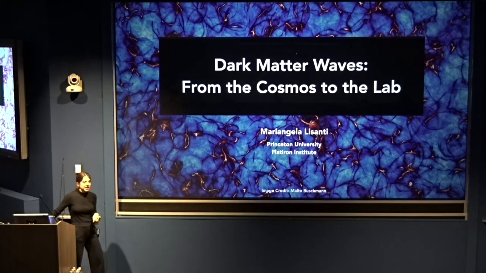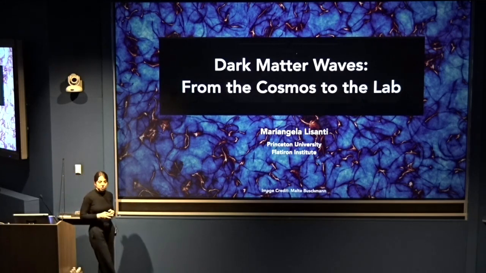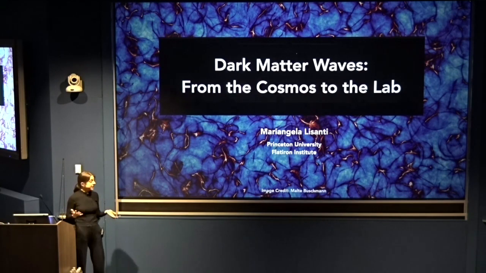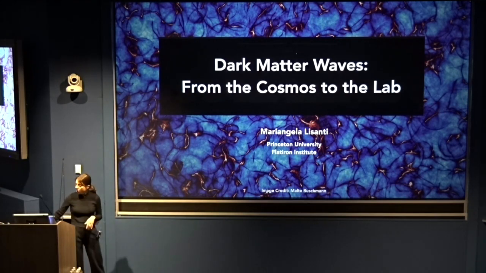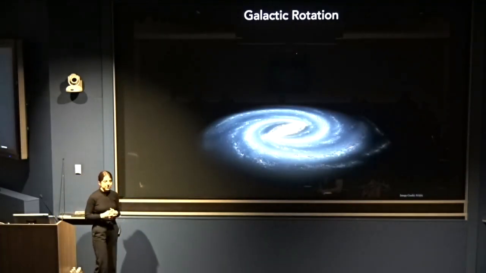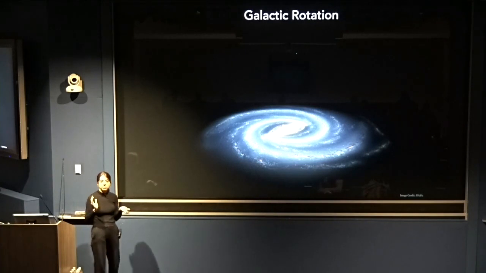So dark matter is one of the big unanswered questions in physics, and there's an incredible amount of evidence for its existence. One of the sharpest pieces of evidence comes from the motion of galaxies.